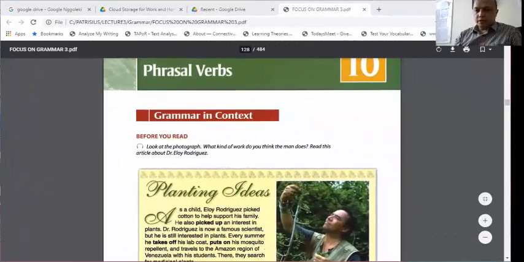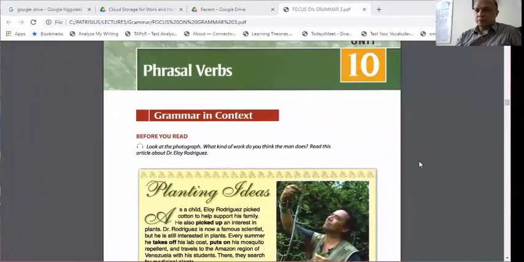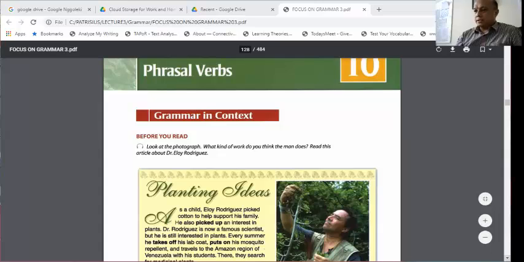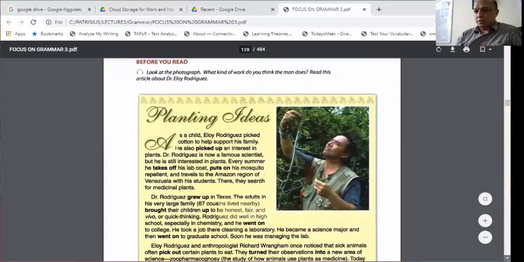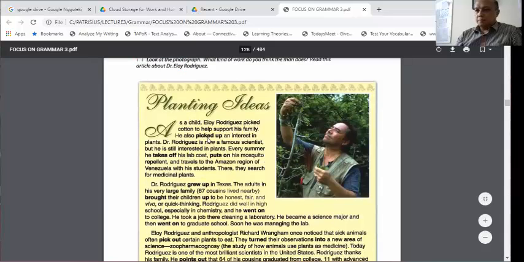Our topic for today is called phrasal verbs. So if you look at the text here, the first text that appears on the page, you see the bold-faced phrases here. These are what is called phrasal verbs.